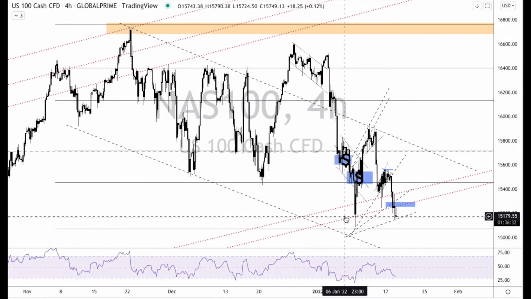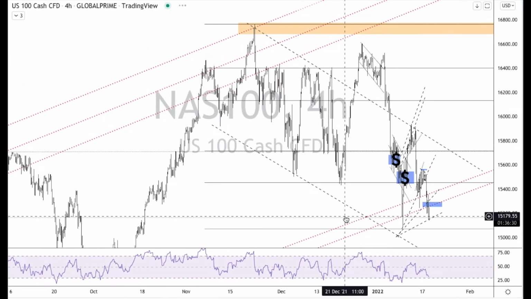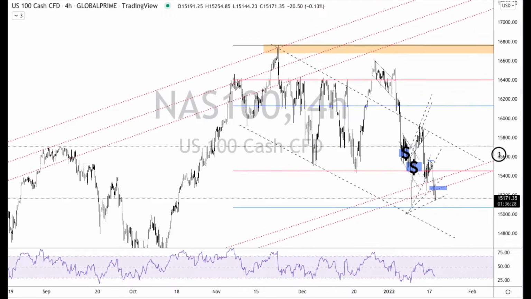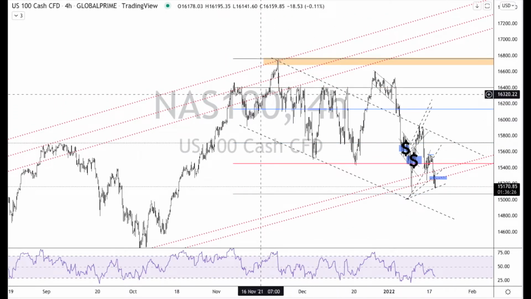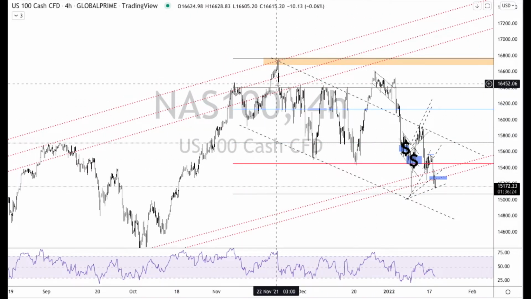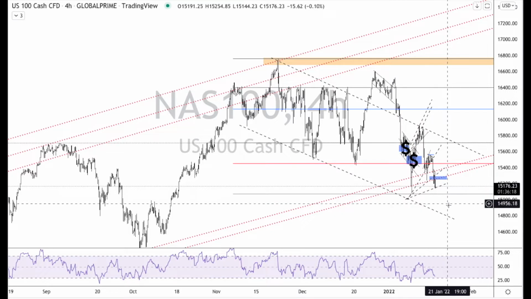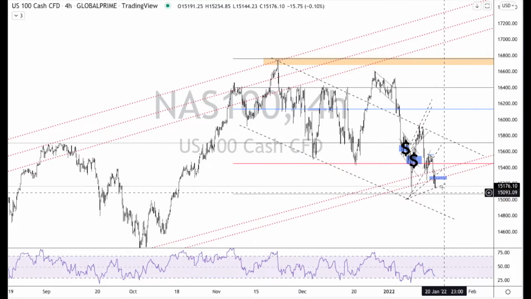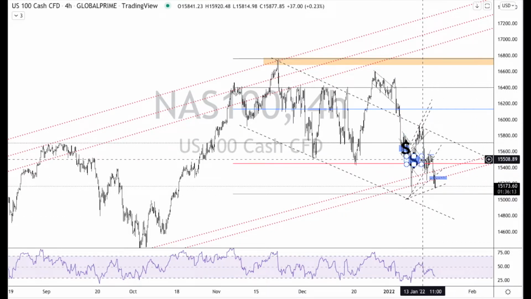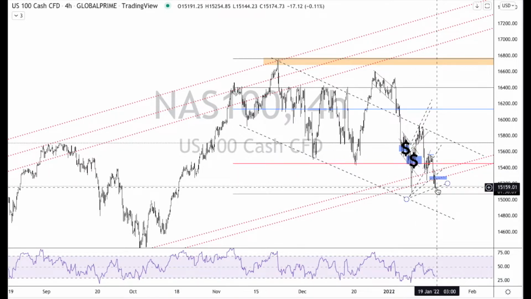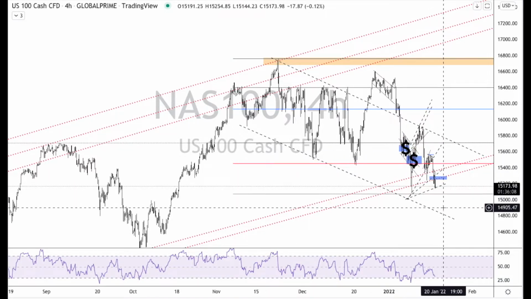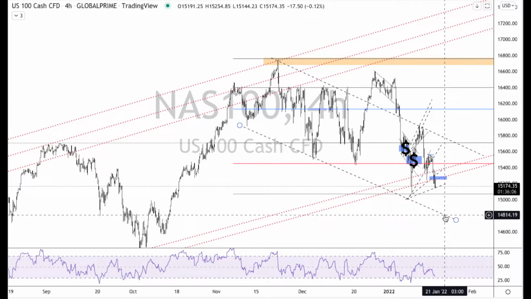And also look at this weird little shape that we're getting with the NAS. It's gone into a little channel, like a falling wedge. So at some point it's going to push up, which basically means that what I'm holding from here, these two levels over here, I need to expect to, the red is seriously hurting right now.